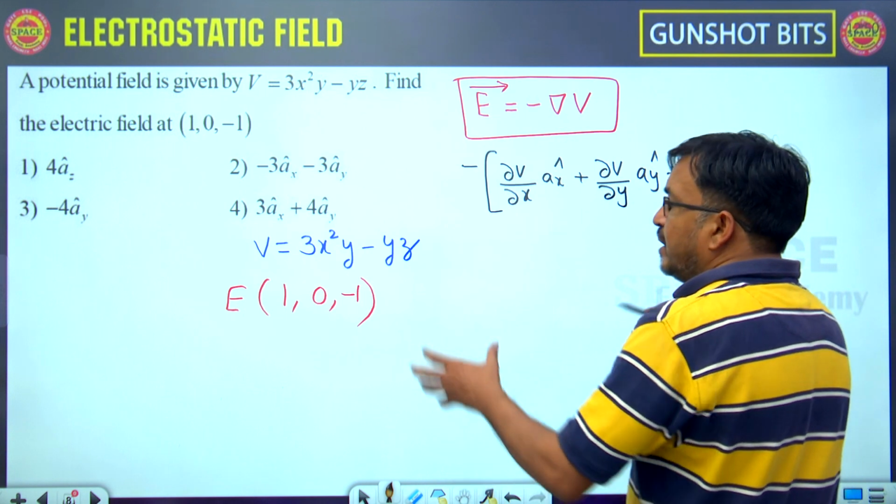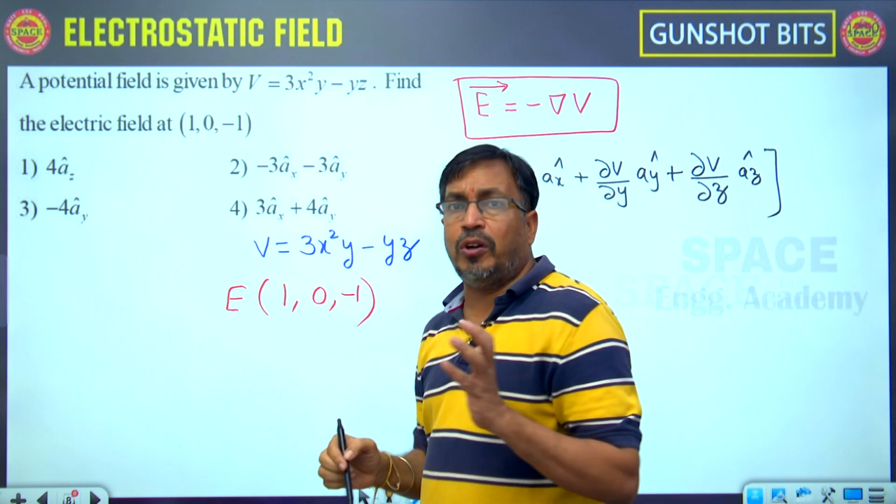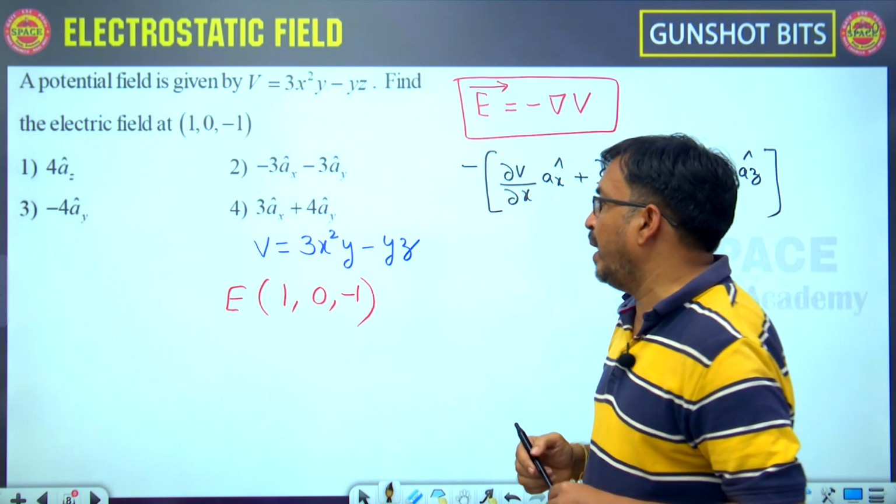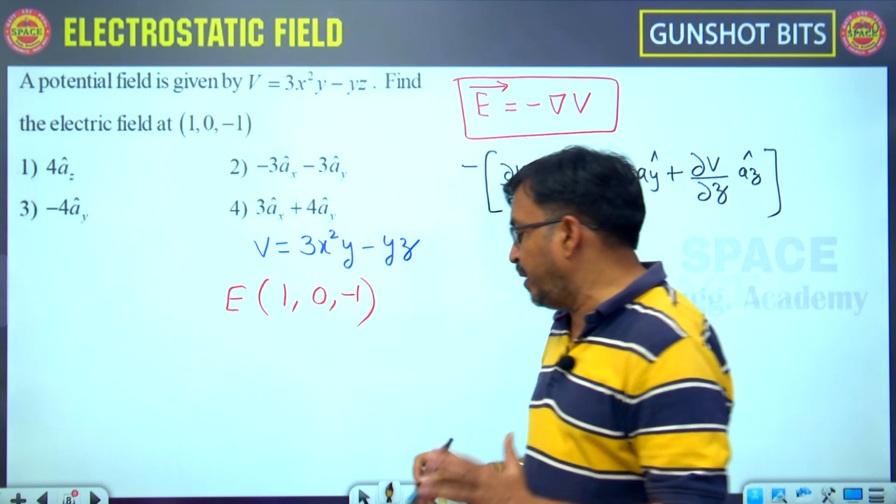This is the formula in the rectangular coordinate system. Now the potential value given here is V equals 3x square y minus yz. I am substituting everywhere here.